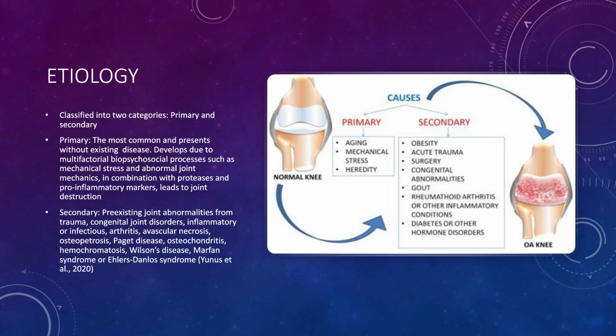In contrast, secondary OA occurs with pre-existing joint abnormalities such as trauma, congenital joint disorders, inflammatory or infectious arthritis, avascular necrosis, osteoporosis, Paget's disease, osteochondritis, hemochromatosis, Wilson disease, Marfan syndrome, or Ehlers-Danlos syndrome.